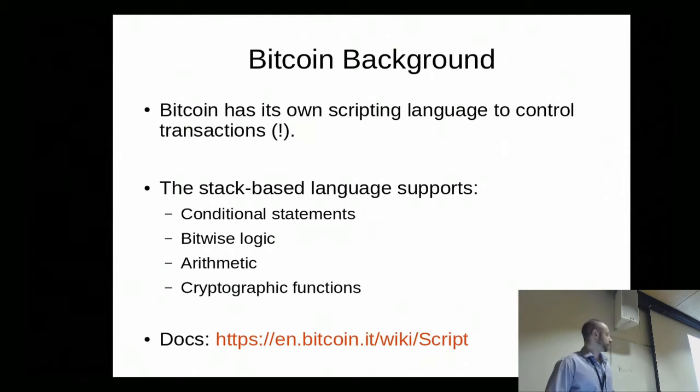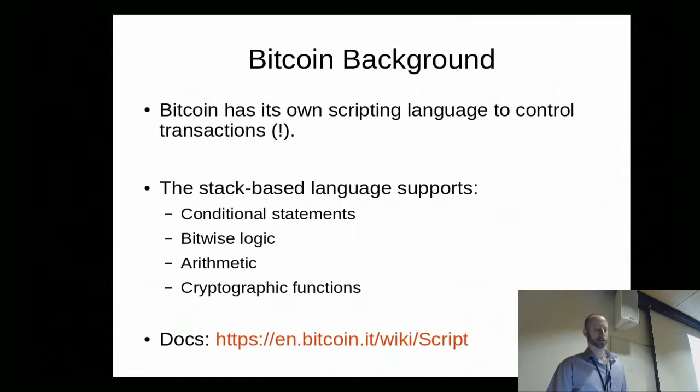So a little bit more background, just to understand the later parts of my presentation. Bitcoin has its own scripting language, which is pretty interesting. If I send coins to some address, there can be a script embedded in it so that the recipient has to satisfy the logic somehow.